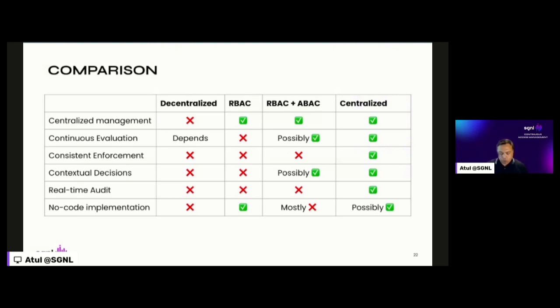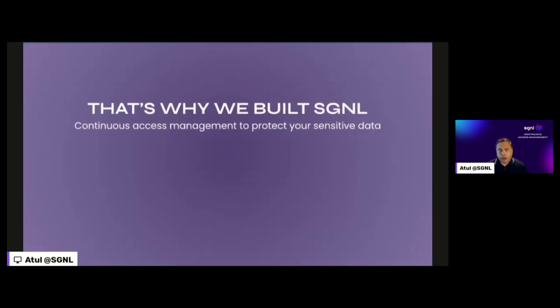And the no code implementation is something very important, because with centralized systems, if you have to write a lot of code in the centralized system, then that becomes a maintenance overhead. But you can avoid that using the Signal platform, and I'll show you how in a little bit, right?